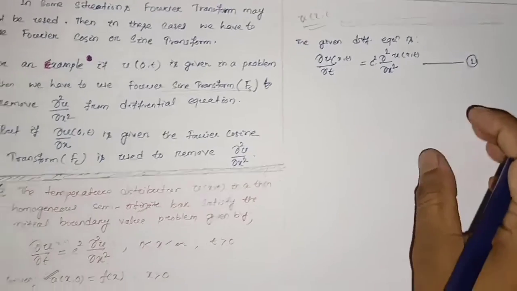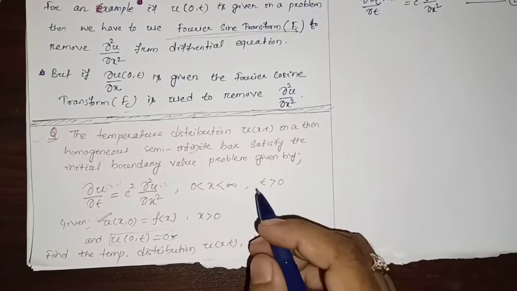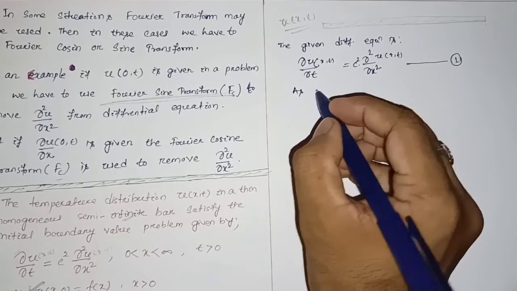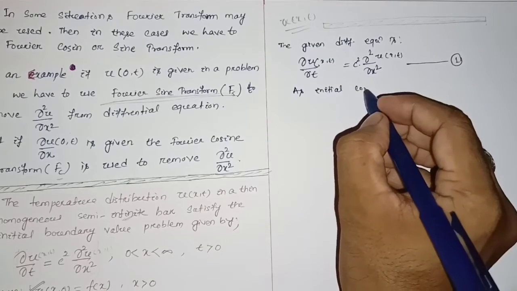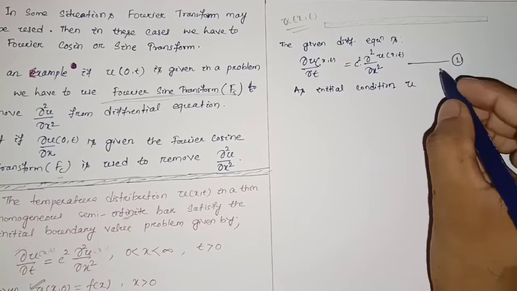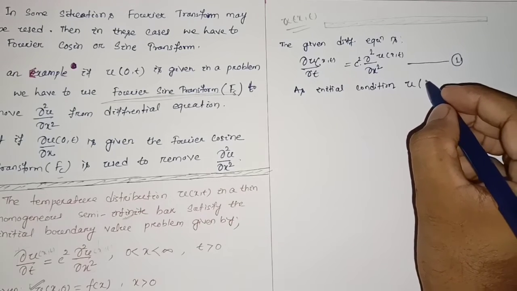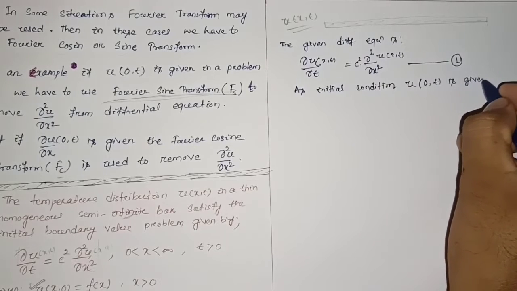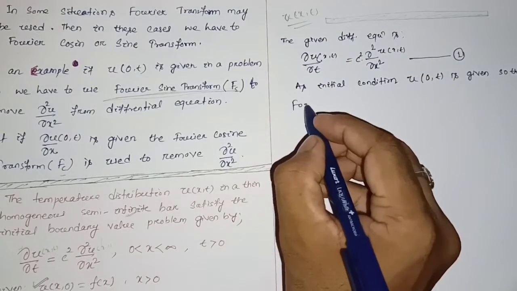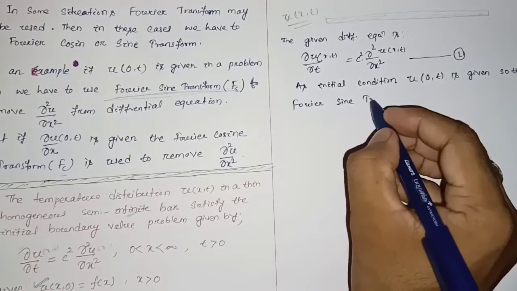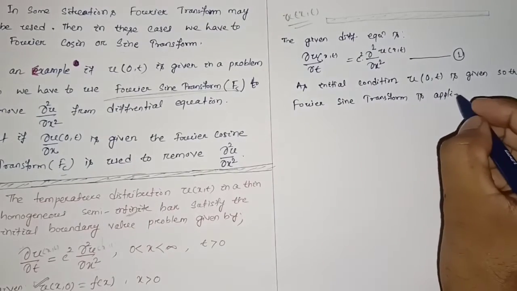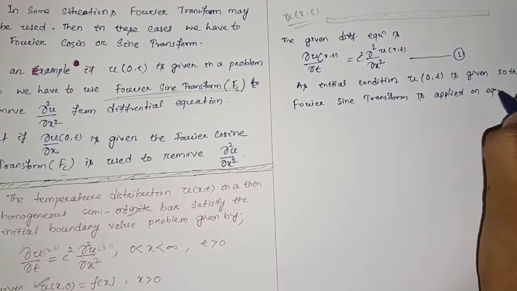Here you have to write, as this initial condition u(0,t) is given, so the Fourier sine transform is applied on equation number 1.